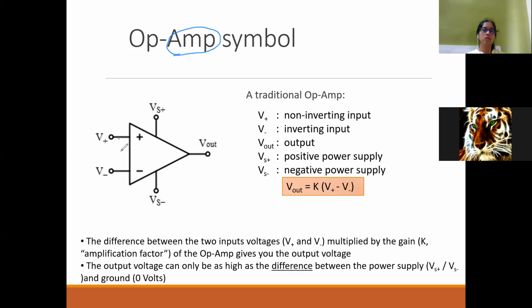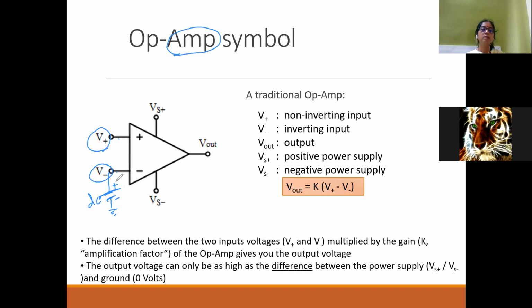It has two inputs, inverting and non-inverting. So V plus is non-inverting, as the name suggests, non-inversion. Inversion means minus, right? So if we are applying some positive DC voltage to this input, longer line is positive and shorter line is negative.